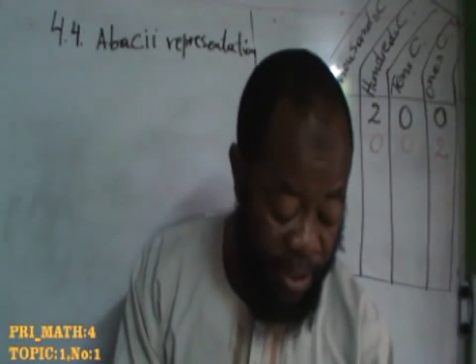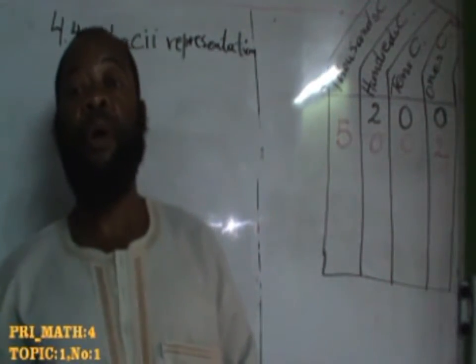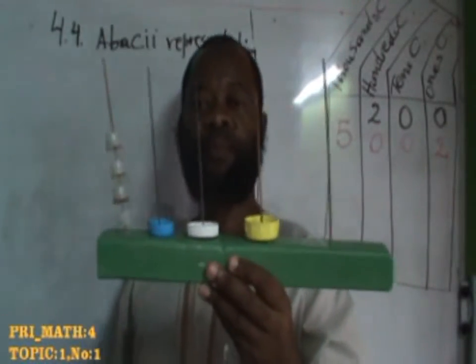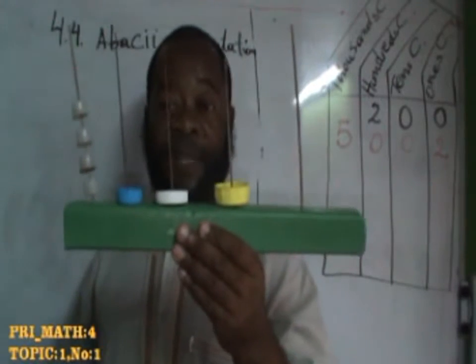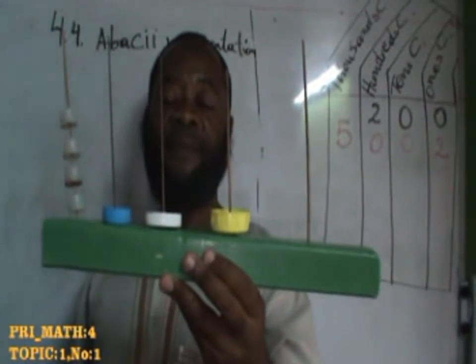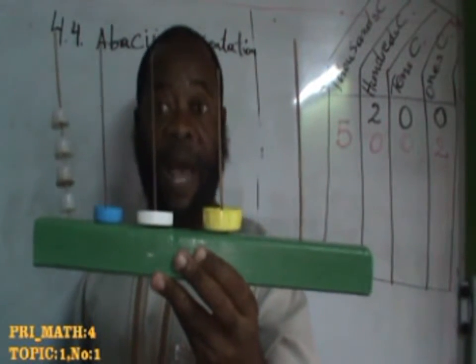Abacus representation is represented as follows. You see this bar represents a number.